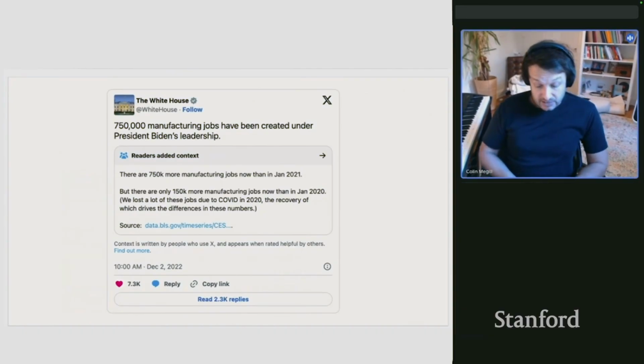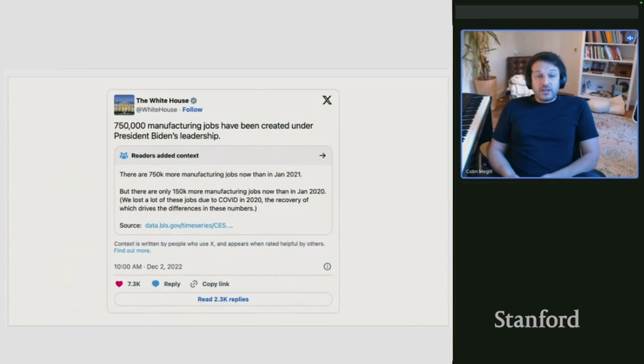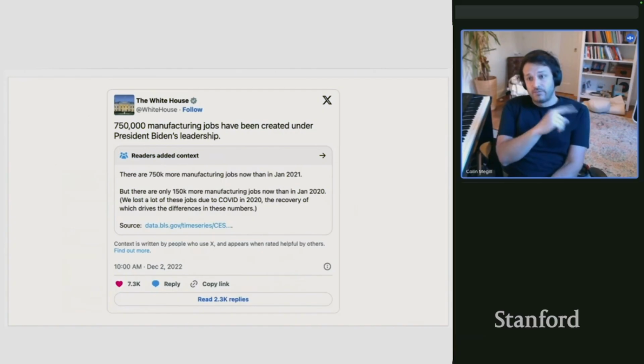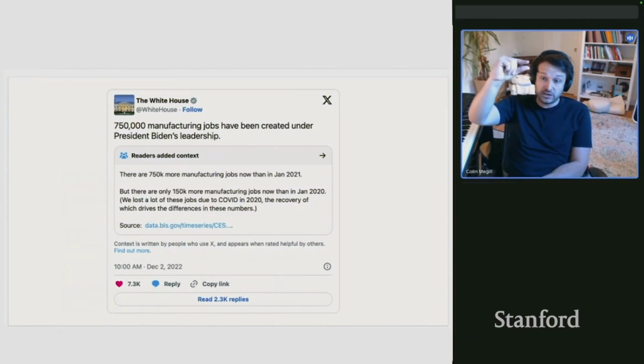Yes. So for a given tweet, like this one from the White House, people who are in the Birdwatch system can all propose notes, and they have to include a link out to some grounding. So now you have a list of notes. People are going to rate a note as helpful or not helpful, and the objective function is to add a single comment, a single statement for context.